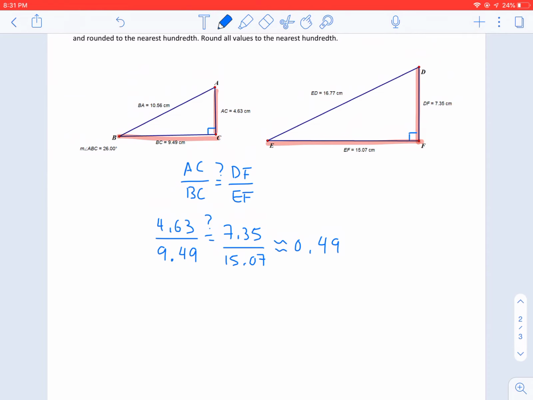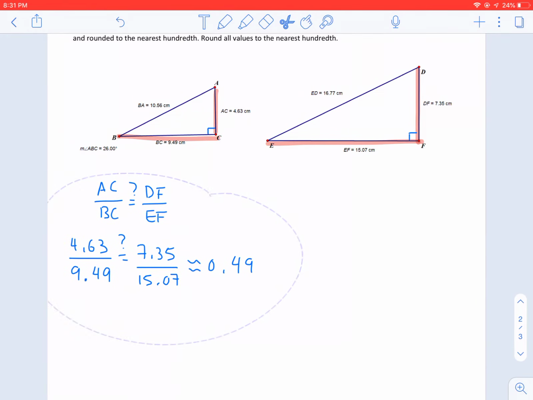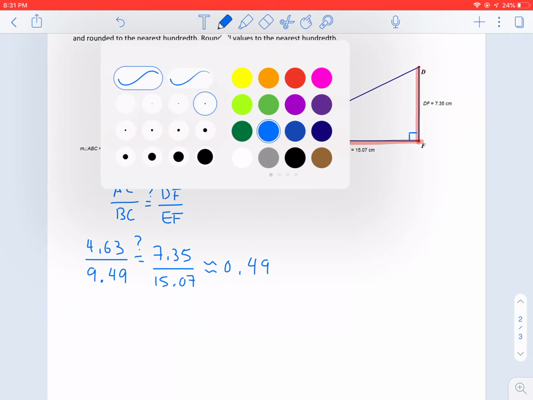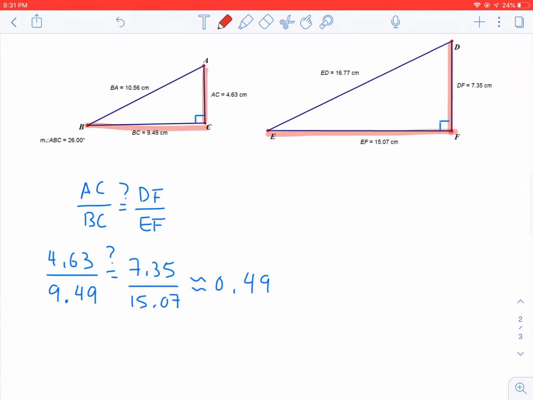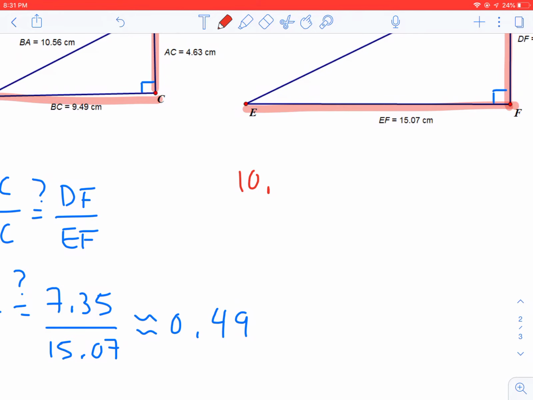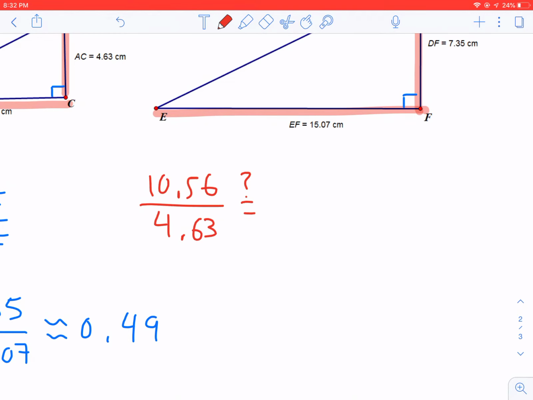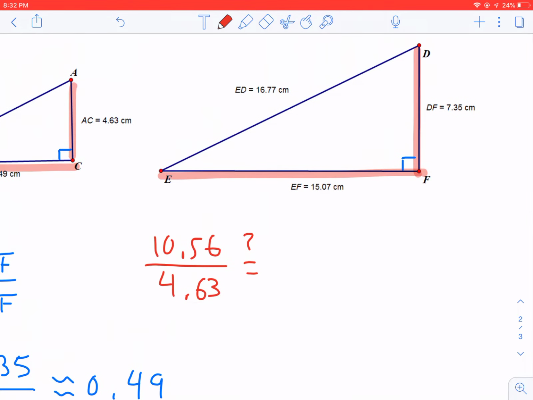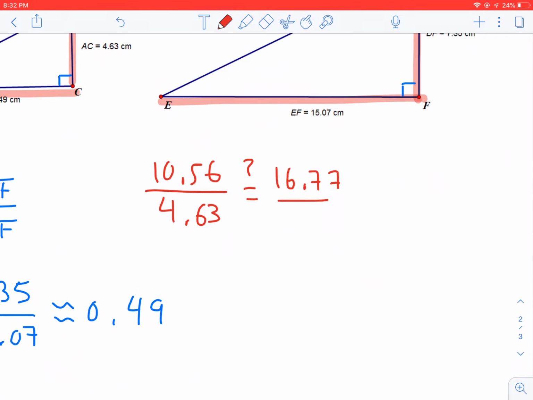We should also check with the hypotenuse and something else. So if I do the hypotenuse of triangle ABC, 10.56 over, let's do the shorter leg, is that in proportion with the hypotenuse of our bigger triangle over, what did I use, the shorter leg, 7.35.